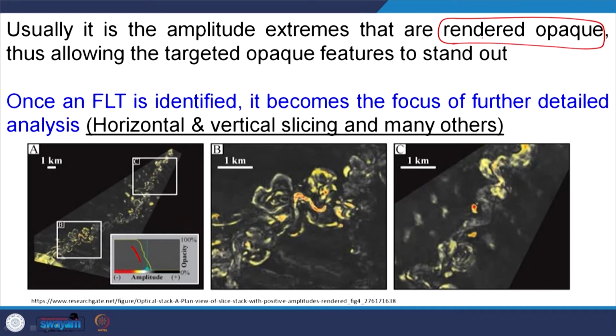That means we make them opaque and the others become transparent. So, these opaque features can be spatially and temporally correlated, to see in which way they are behaving, whether they are coming as look geology, or coming in a channel.